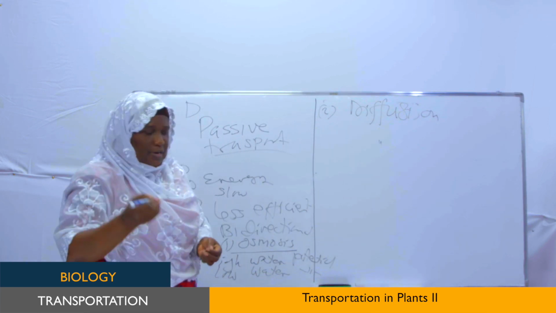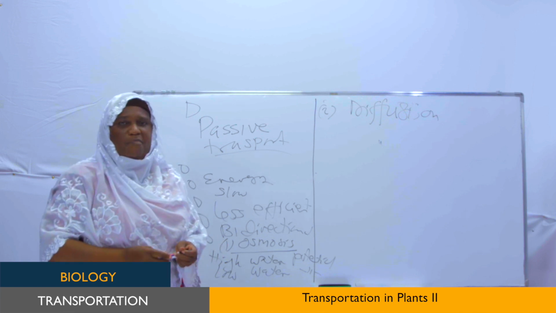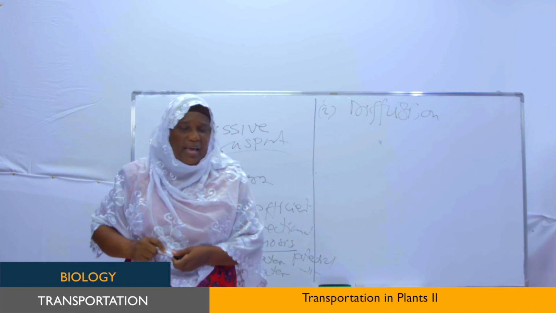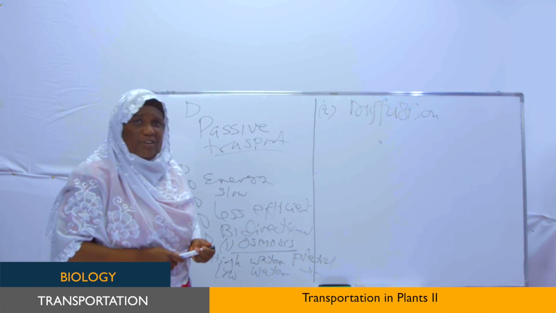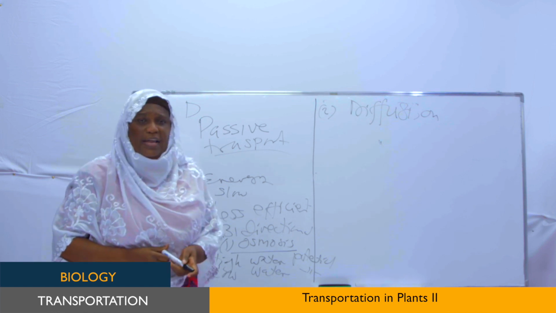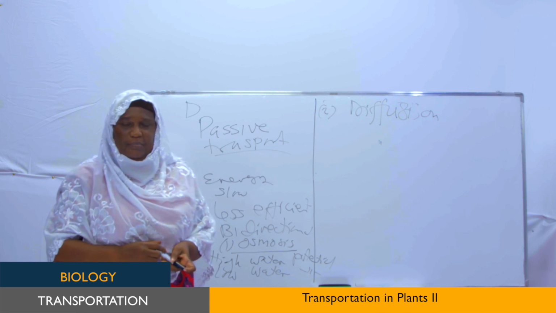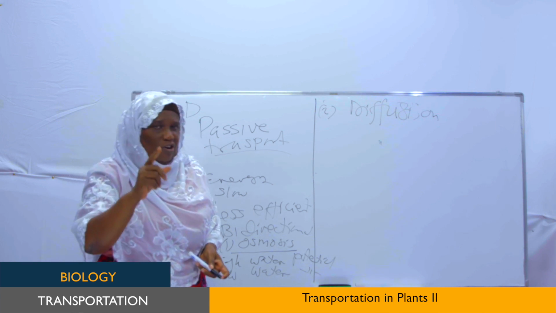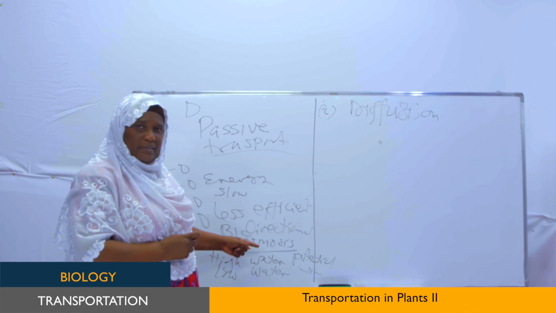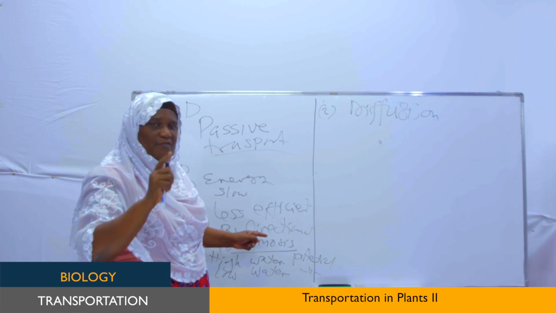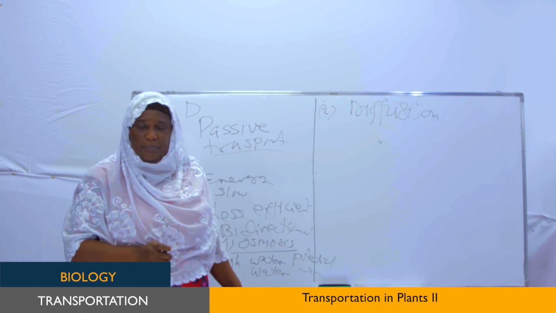Diffusion. Diffusion involves movement of materials from the area of high concentration to the area of low concentration. But don't mix it with osmosis. I said that osmosis involves movement of water.